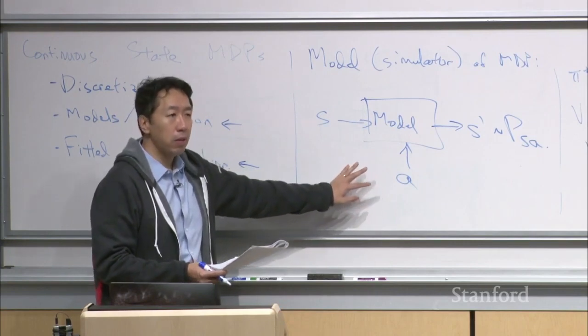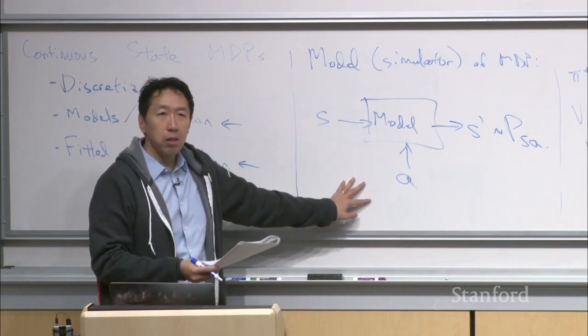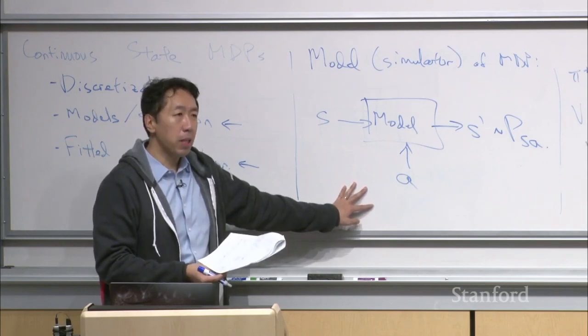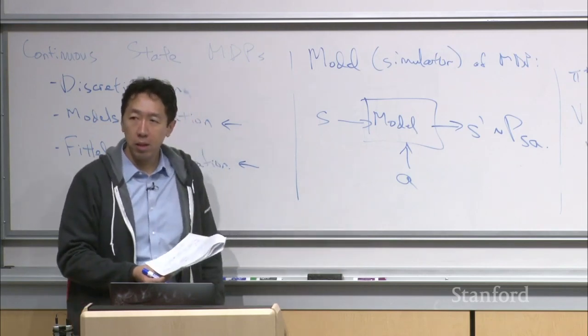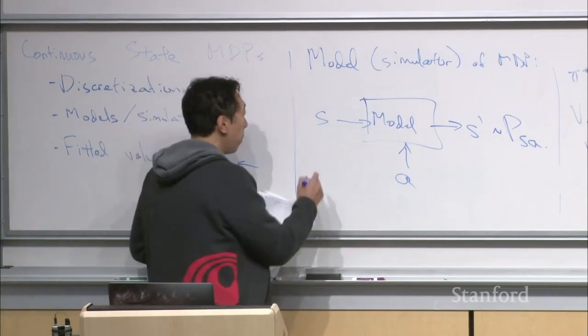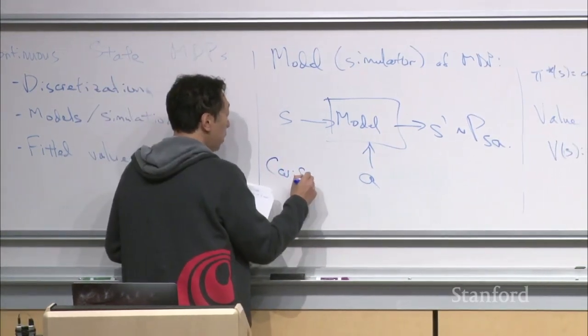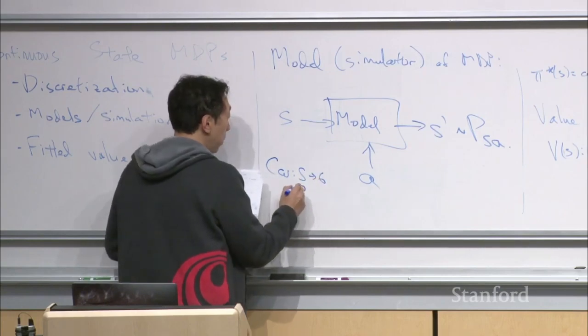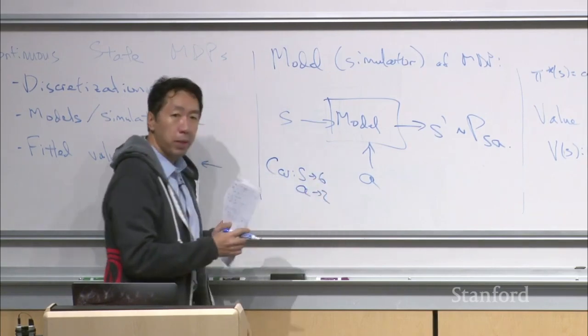It turns out that for a lot of MDPs, the state space can be very high dimensional, and the action space is much lower dimensional than the state space. So for example, for a car, S is 6-dimensional, but the space of actions is just 2-dimensional, right?